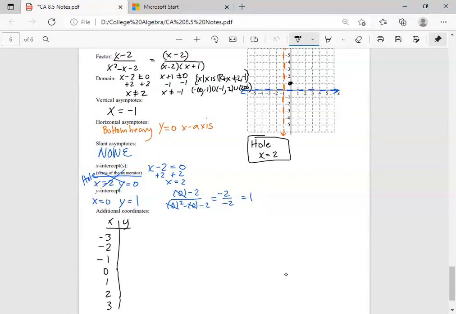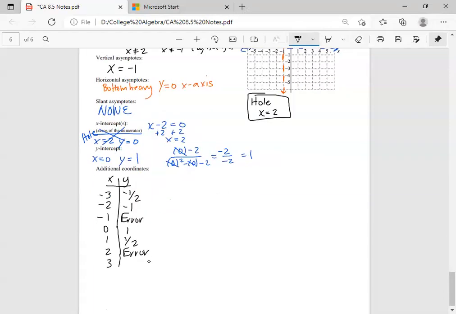Looking at my table on my calculator, -3 is -1/2, -2 is -1, and -1 gave me an error because at -1 there is an asymptote. 0 gave me 1, 1 gave me 1/2. 2 gave me an error because there's a hole there. You're exactly right. That's what you're going to see on your table when you have holes or vertical asymptotes: errors there.